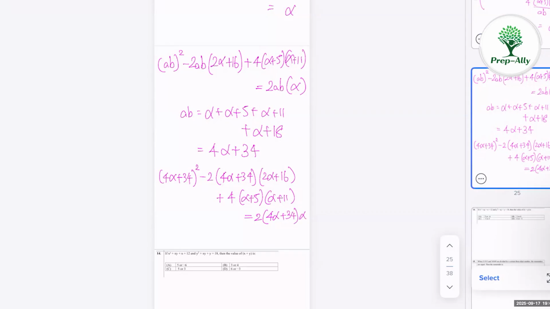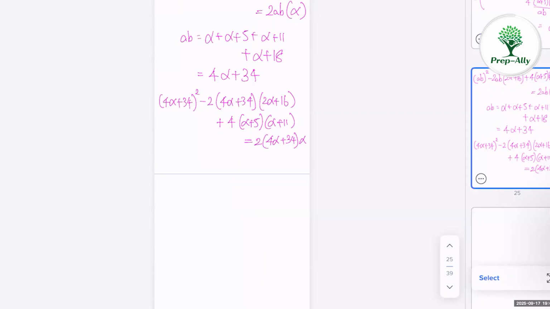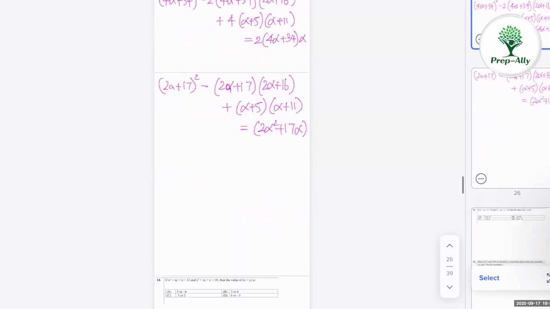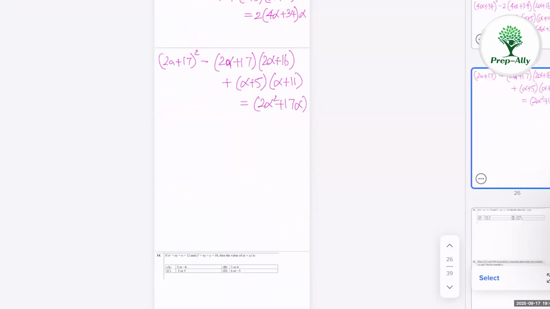Now we can divide the whole thing by 4. So we'll get 2 alpha plus 17 the whole square minus 2 alpha plus 17 into 2 alpha plus 16 plus alpha plus 5 into alpha plus 11 equals 2 alpha square plus 17 alpha. Now let's expand this.